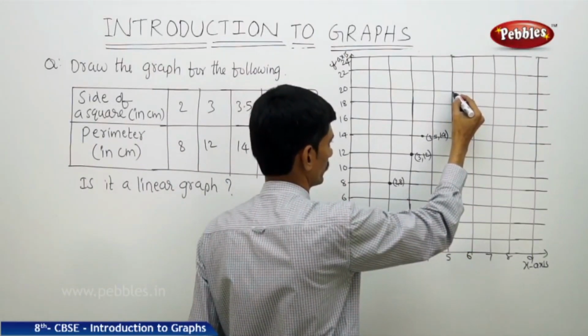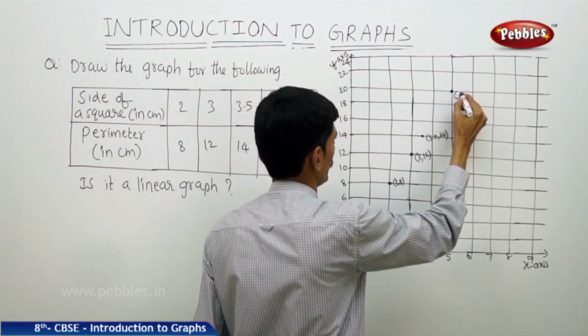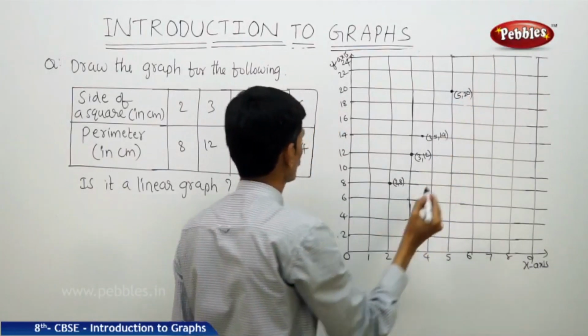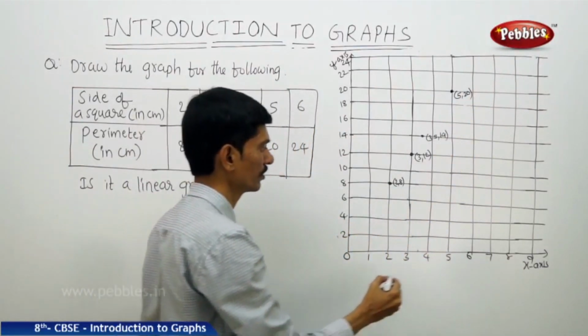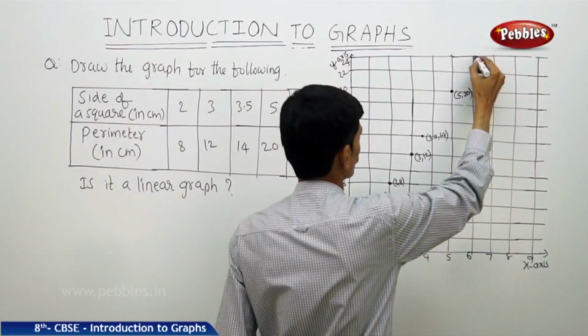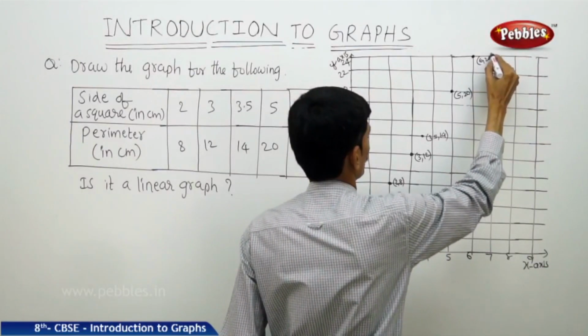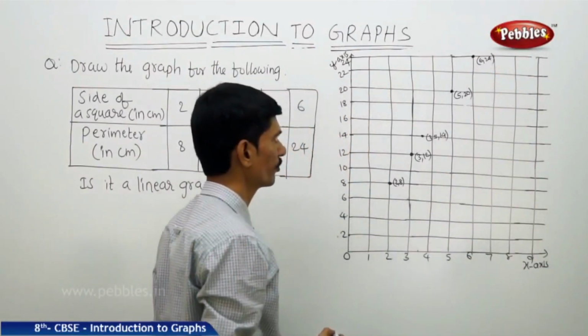So this is the point 5, 20, and the next point is 6, 24. On the x-axis 6, on the y-axis 24. Now let us join all the points.